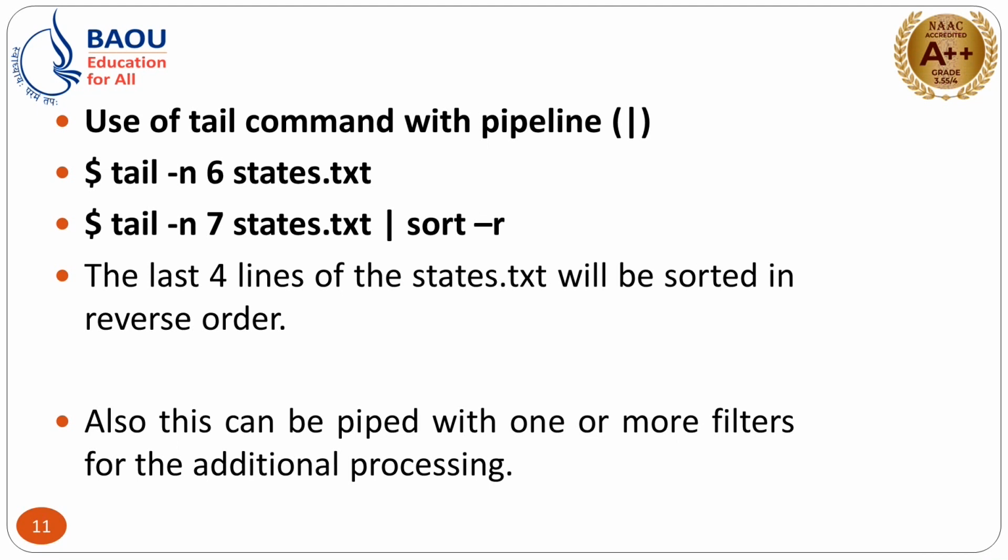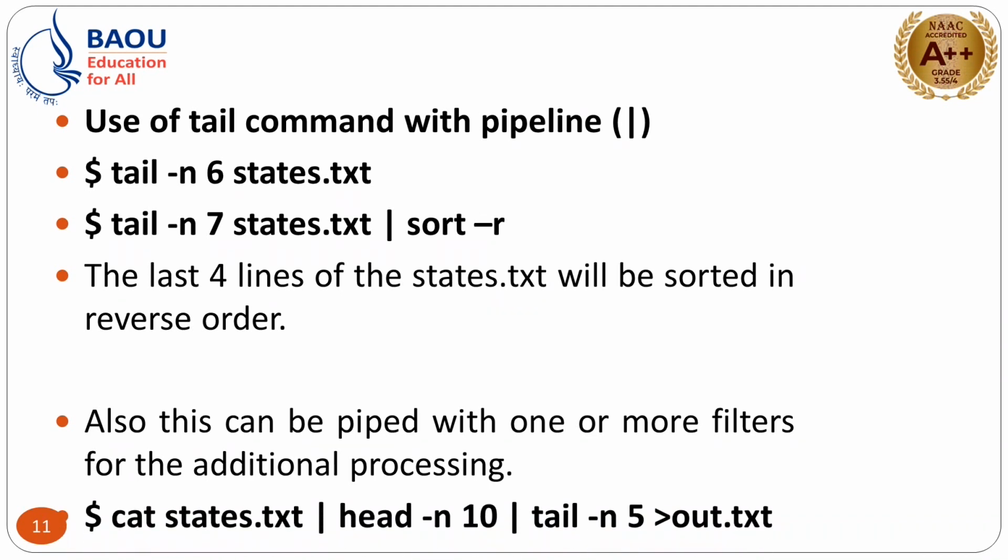Also this can be piped with one or more filters, so you can use multiple commands. You can see this example: cat states.txt. First of all, the contents of states.txt will be displayed, and that output is passed to head, and only the first 10 lines are filtered out. Then these first 10 lines are passed to the next command, the tail command.